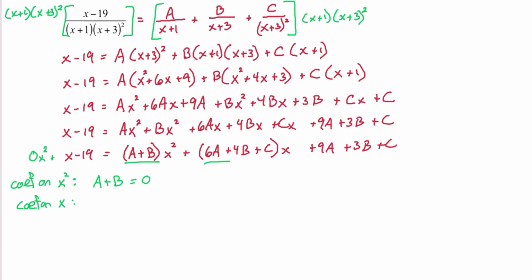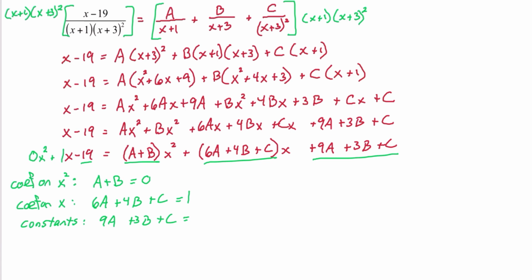On the right side, we have 6A plus 4B plus C. Set that equal to the coefficient of x that's on the left, which is 1. And then the constants. On the right side, we have 9A plus 3B plus C equals the constant on the left, which is negative 19.